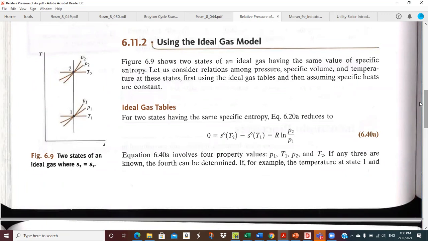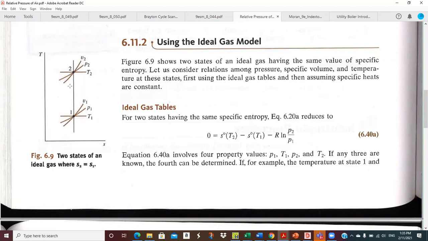This is looking at an isentropic process with a gas. In a Brayton cycle, we have a gas, typically we assume it's air, and we definitely are doing some isentropic processes. So this is going to apply directly to stuff that you see in the homework solution. Over here, you just have a TS diagram with state 1 at lower temperature and state 2 at higher temperature.